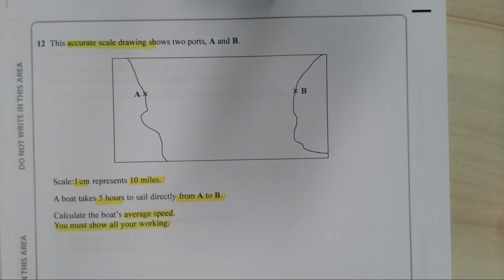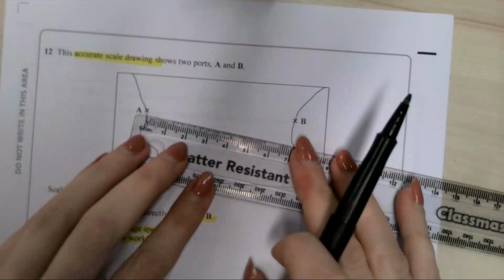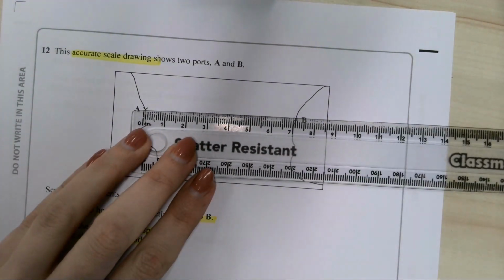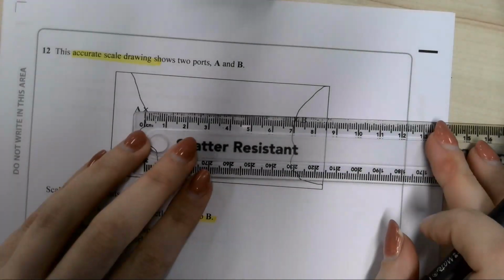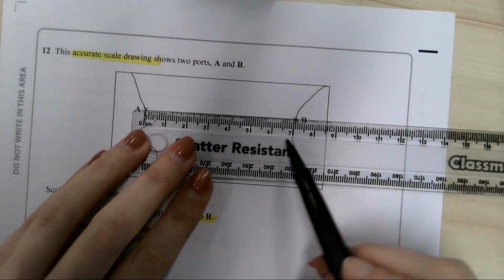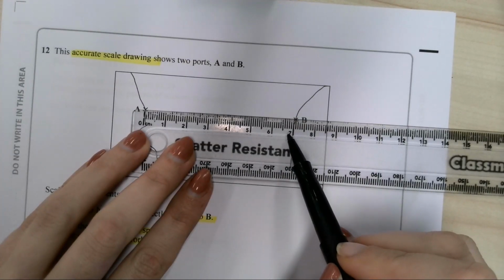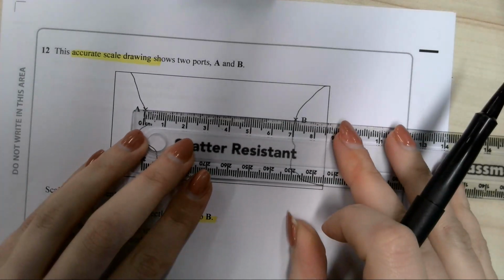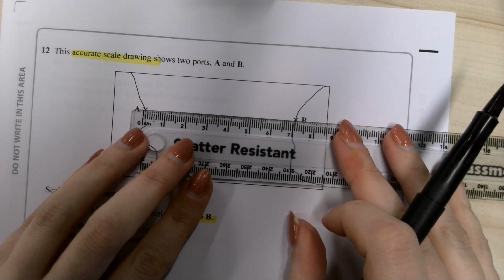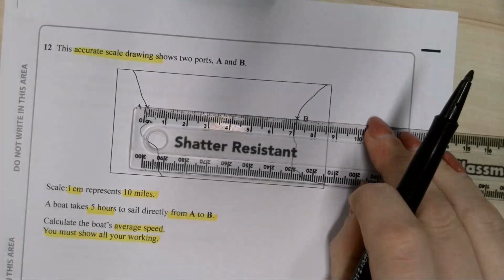So what I'm going to do is measure from A to B. From A to B, I've got 7.1 on my ruler.